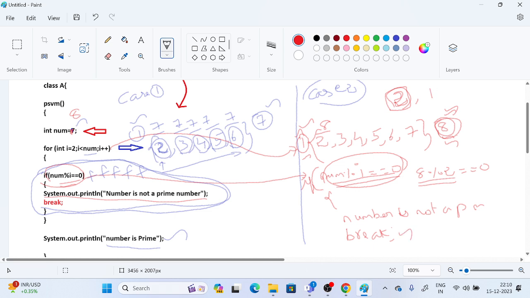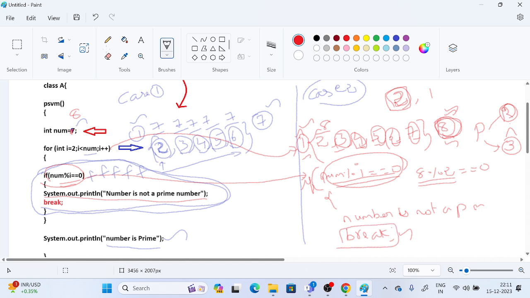We do not have to check all the conditions because it will not make any sense, because a prime number is already defined as having only 2 factors. But for the first time 8 encounters another factor apart from 2, it is encountering the third factor. If it has more than 2 factors, it is not going to be a prime number. So I do not have to check everything over and over again. That's why I'm breaking the loop.